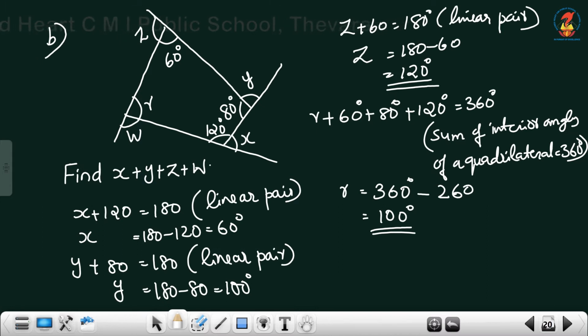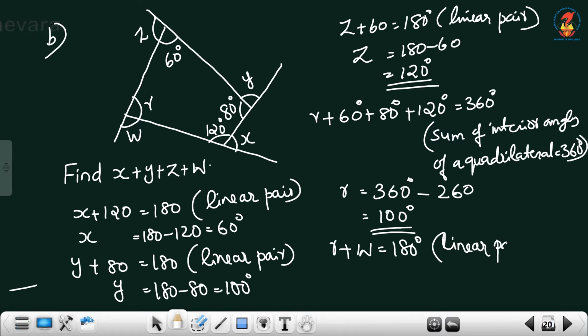R and W form a linear pair. Therefore, R plus W equal to 180 degree, linear pair. 100 plus W equal to 180 degree, W equal to 180 degree minus 100 equal to 80 degree.